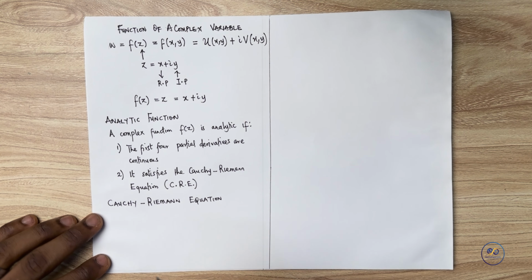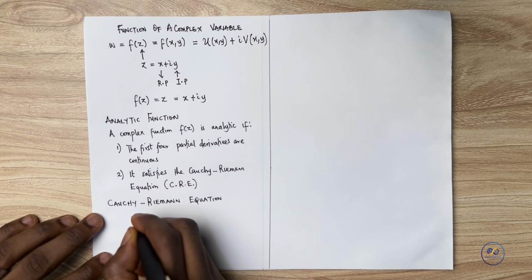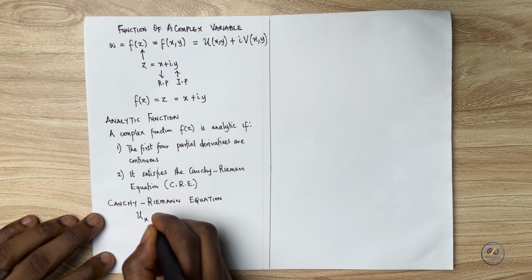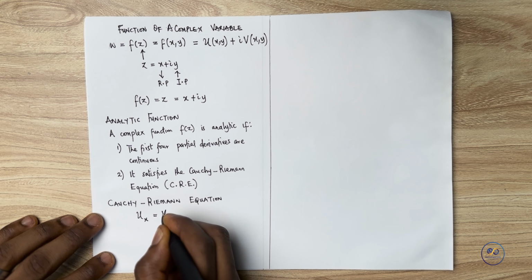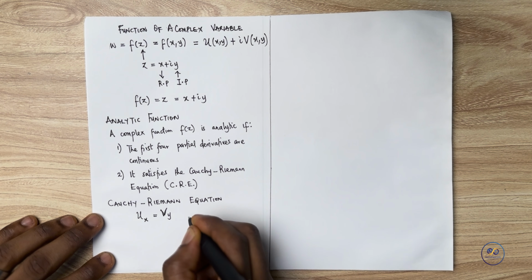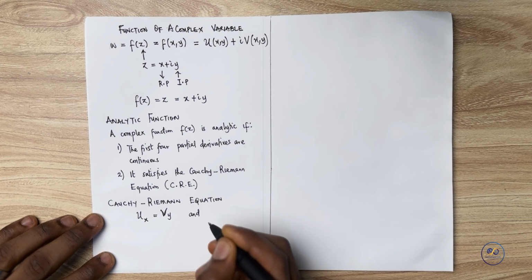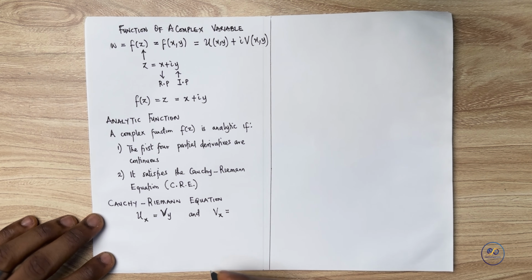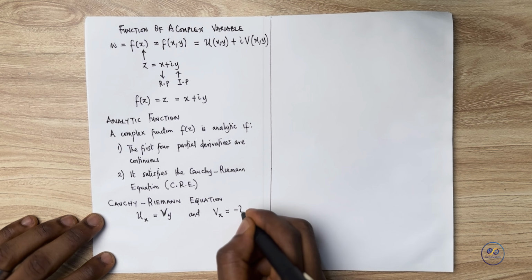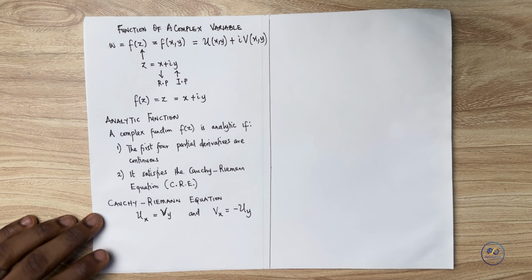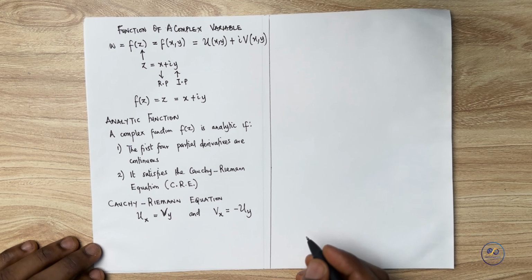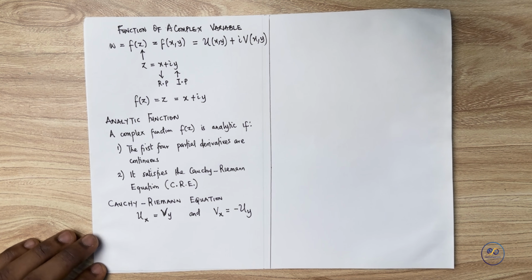We say that in this regard, if ux, which is the partial derivative of u with respect to x, equals vy, and vx, which is the partial derivative of v with respect to x, equals minus uy. If these two equations are satisfied, then you say you have satisfied the Cauchy-Riemann equation. These are the two Cauchy-Riemann equations you have.